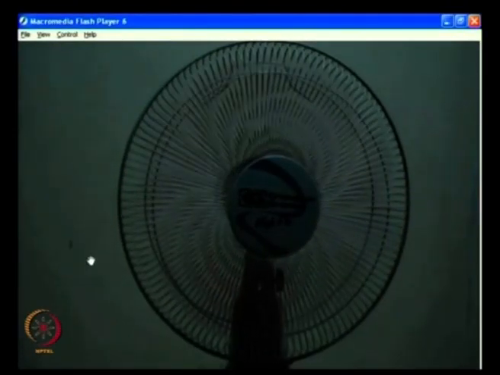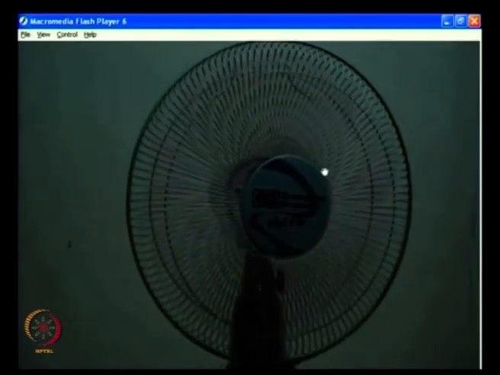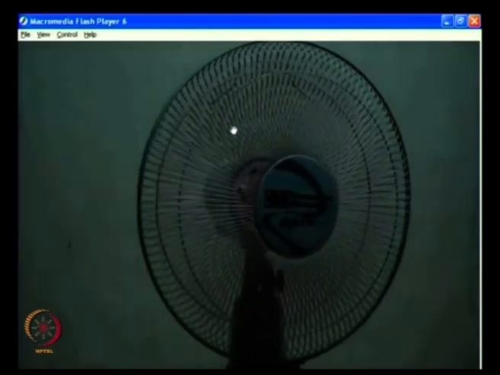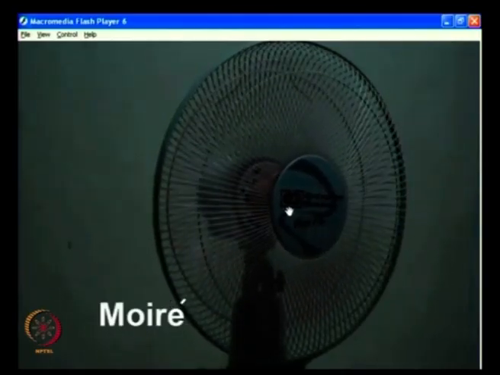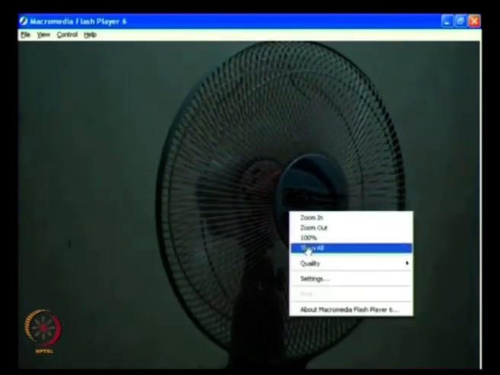And what you see here is another down to earth example, where you see in the case of a fan, when you have two grids superimposed, you see nice moving patterns, and this is called moire, and this is used for measurement of in plane displacements, out of plane displacement, and so on.